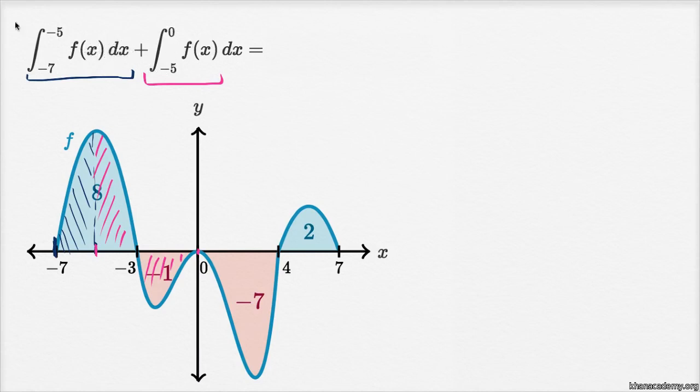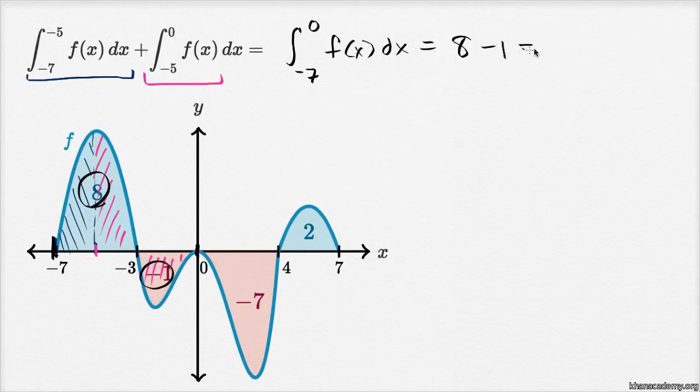So this integral I can rewrite as the integral from -7 all the way to 0 of f of x dx. And so really that's just going to be the net area between -7 and 0. And so we have the positive 8 there. So this is going to be equal to the positive 8. And then we have the -1 there. So -1, which is equal to 7.